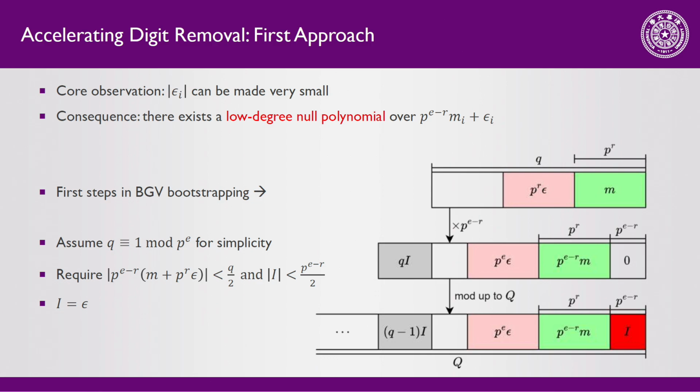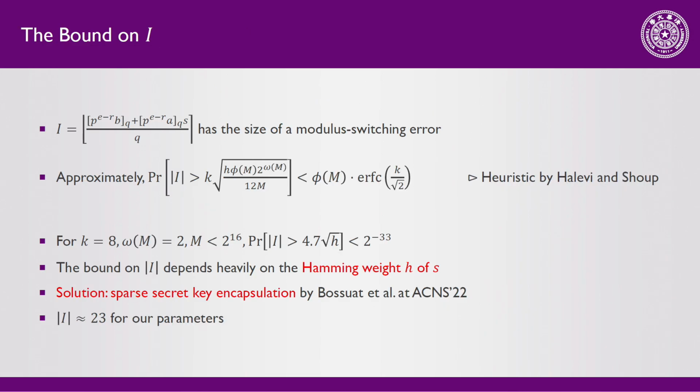And I is exactly the overflow part of the second RLWE ciphertext with respect to its ciphertext modulus small q. With a heuristic by Halevi and Shoup, we can bound the size of the coefficients of I with the following equation, where omega(m) is the number of distinct prime factors in m.